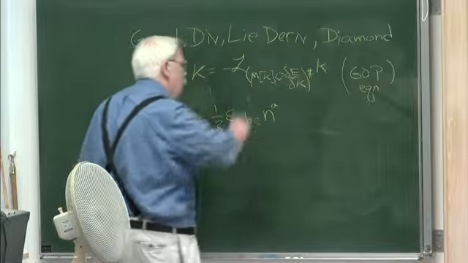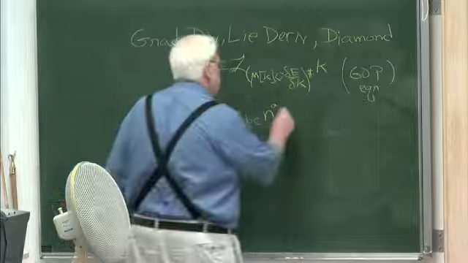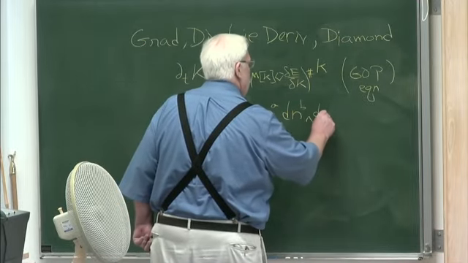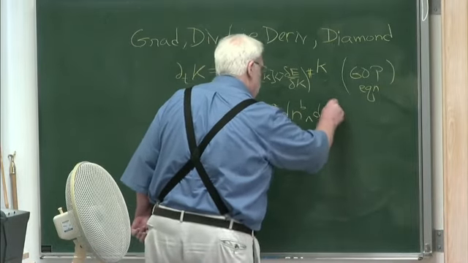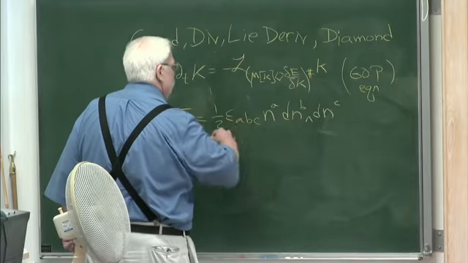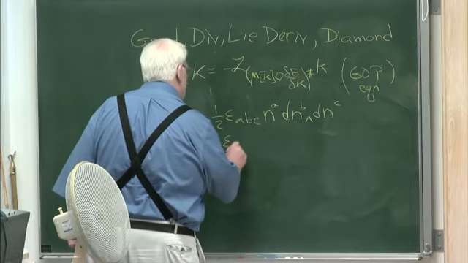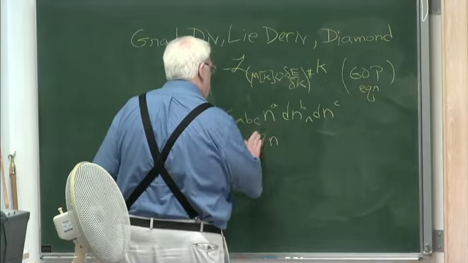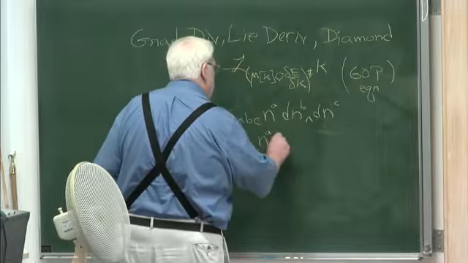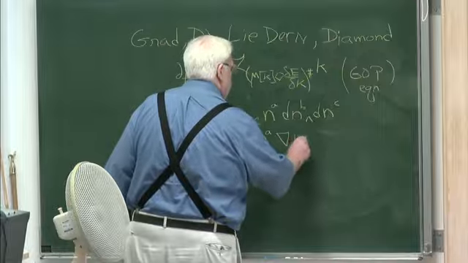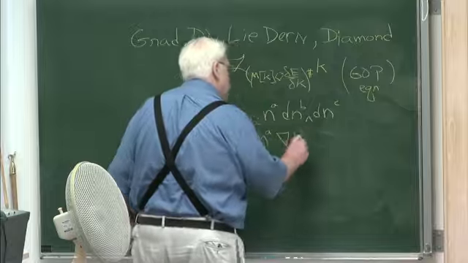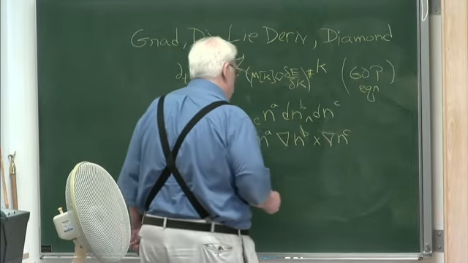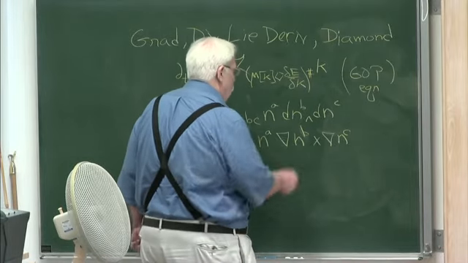Times the A-th component of the director times the tensor components, dN_B wedge dN_C, which Randy wrote in vector form as epsilon ABC, N_A times grad N_B cross grad N_C.